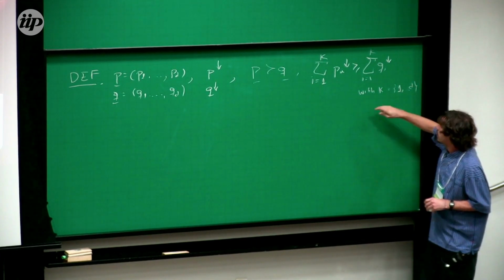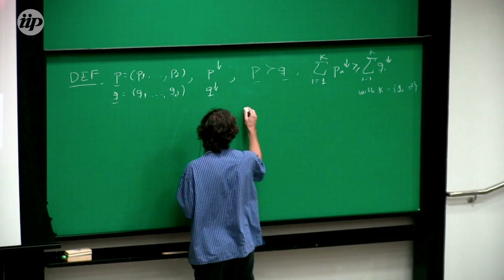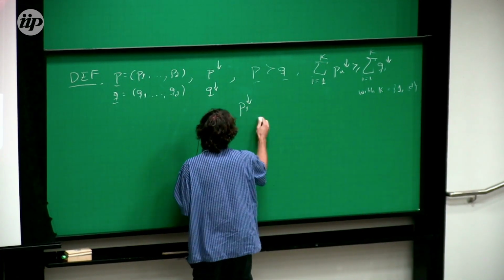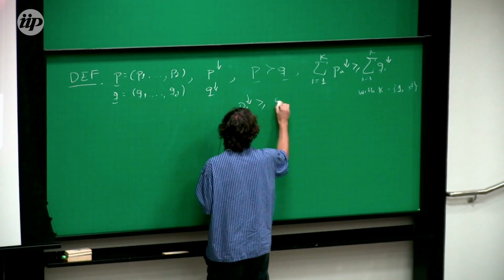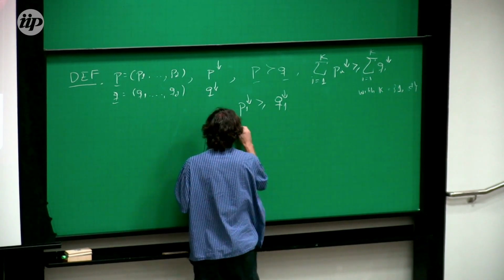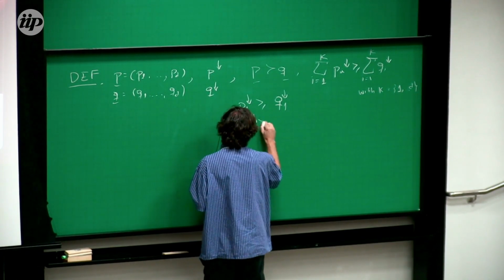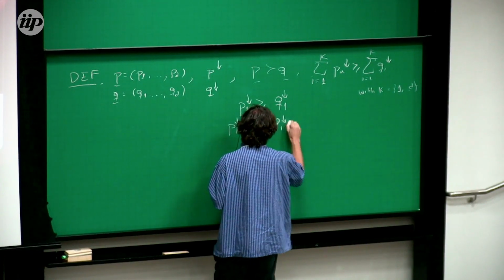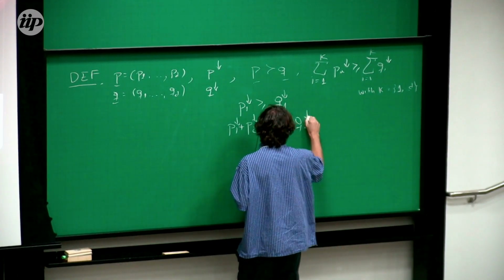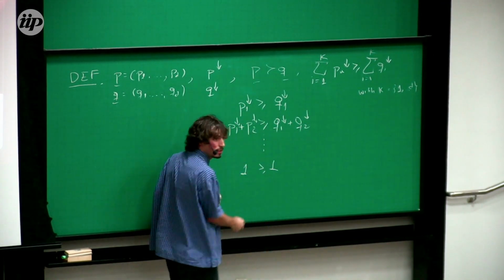So basically what I'm saying is that first we take P1 and ask if P1 is greater or equal to Q1, then for K equal to 2, P1 plus P2 is greater or equal to Q1 plus Q2, and so on and so forth, until the last one, 1 larger or equal to 1, which is trivial.